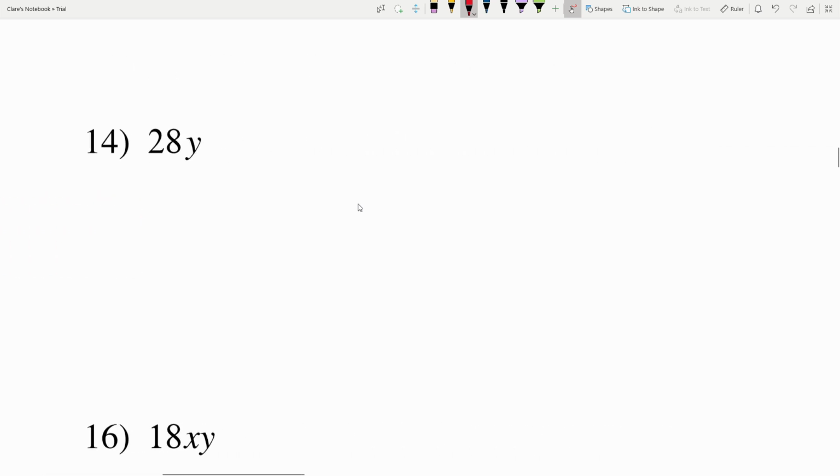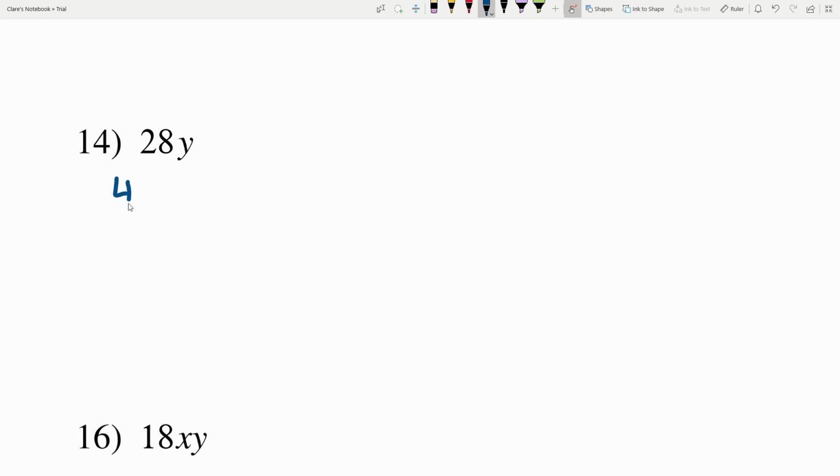Now in number 14, I'm looking at number 28. 28, I can divide that by 2 at the start. I can also divide it by 4, so let's start with 4. 4 times 7 gives me 28, and I'll multiply that by y. Now I know that 7 is prime and y is our variable, but 4 I'm going to split up into its prime factors, which are 2 and 2.